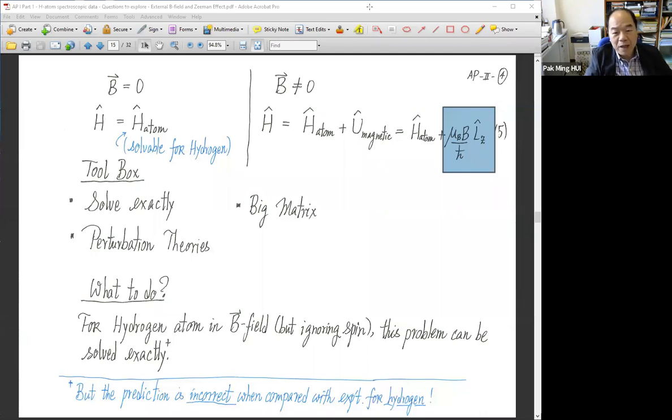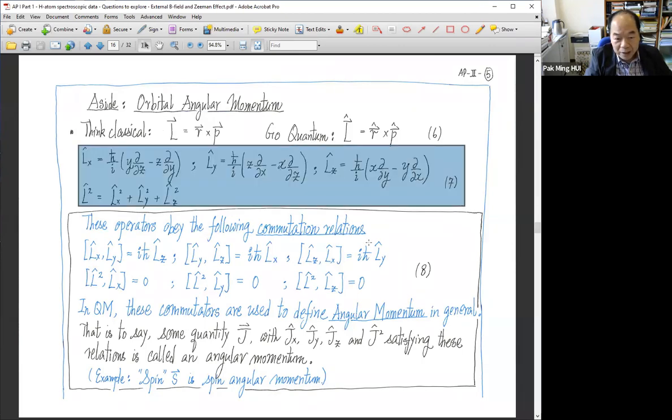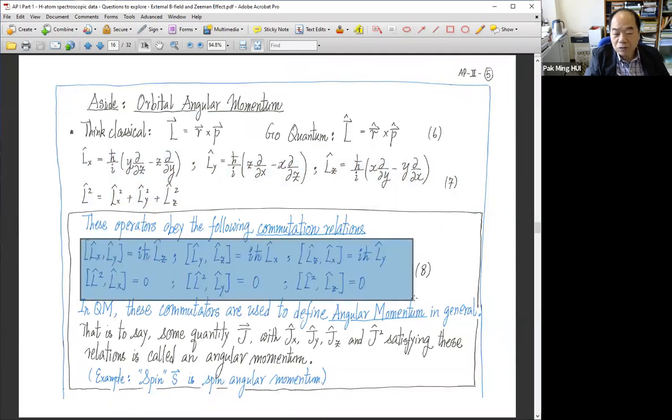So in the next few pages, I remind you of what orbital angular momentum is. This is the definition. These are the operator forms, if you like. And these are the commutation relations.